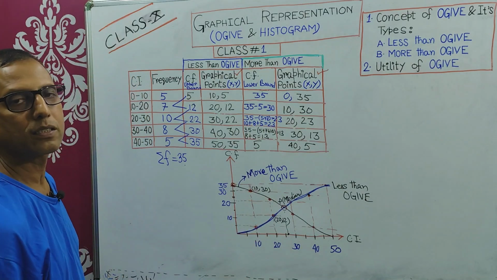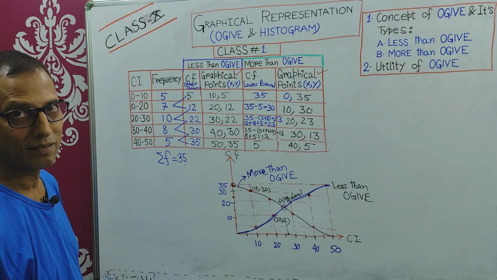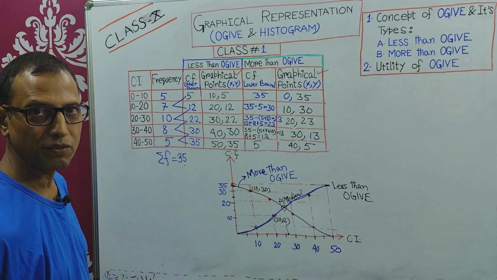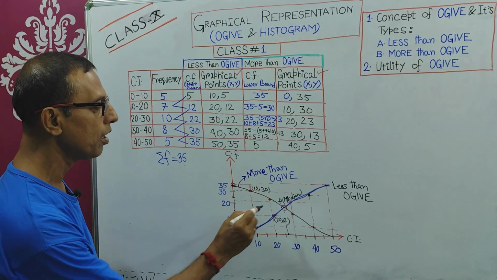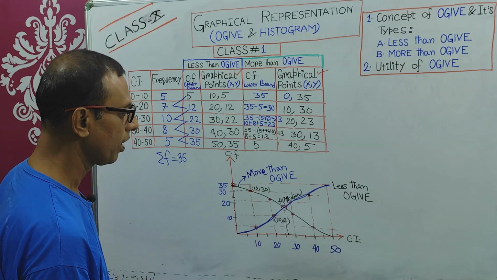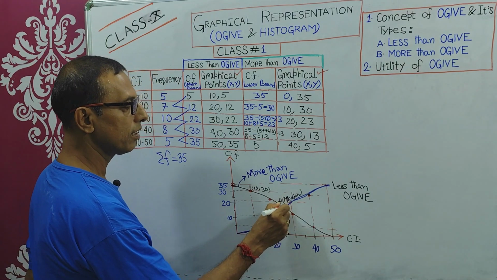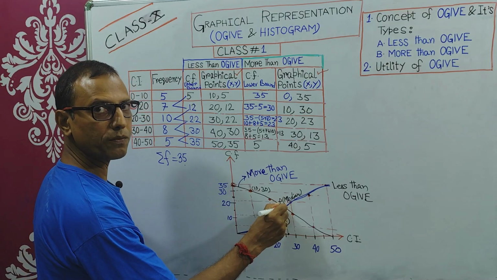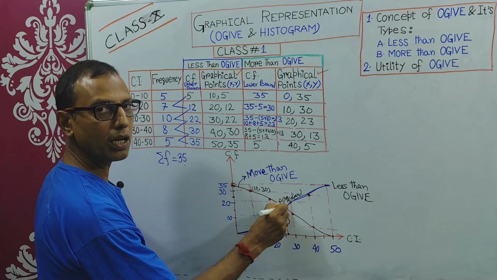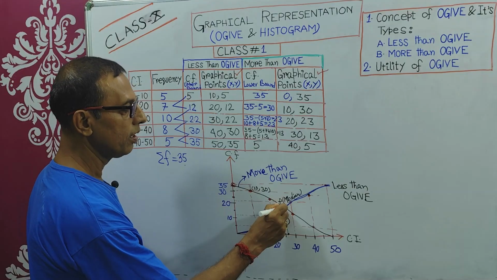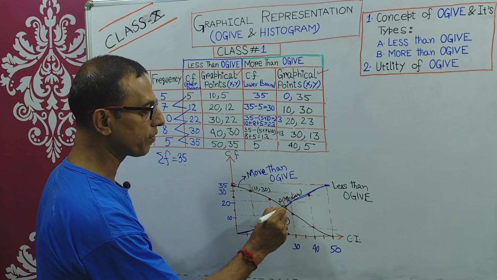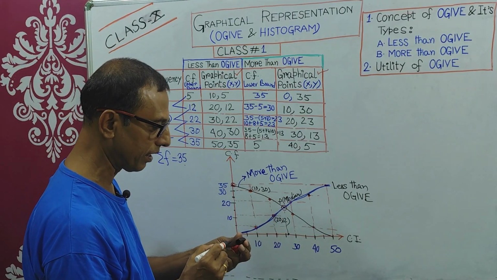Now, why this median? This is near the median value, if not exactly equal to it. Why is it so? Because this particular point P lies on the less than ogive curve as well as on the more than ogive curve. Now, with respect to the less than ogive curve, how is this point P represented?